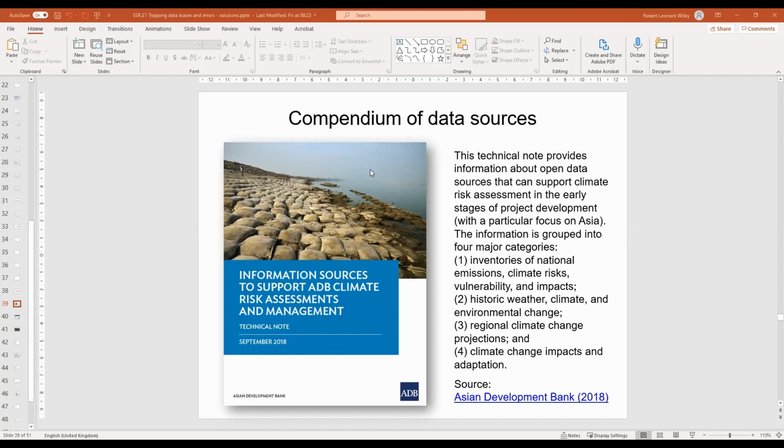And I've provided a link here, which will provide you with about 70 different data sets, which can be used in a whole host of climate-related research studies. So as background information, basic weather and climate information, results from climate model experiments, and some data on climate change impacts. So I just signpost this resource as a useful starting point if you're trying to look around for data sets that might already exist that you could draw in to your research.